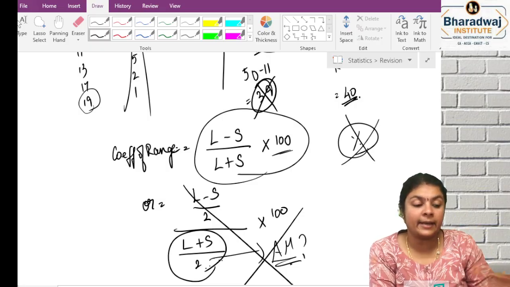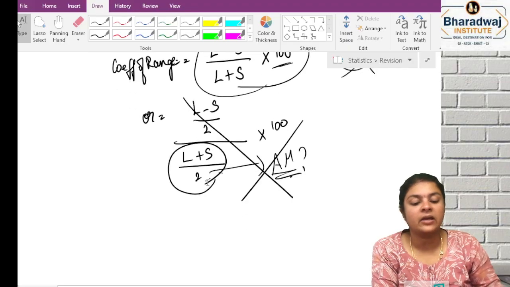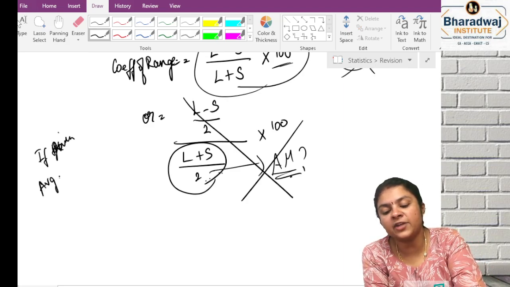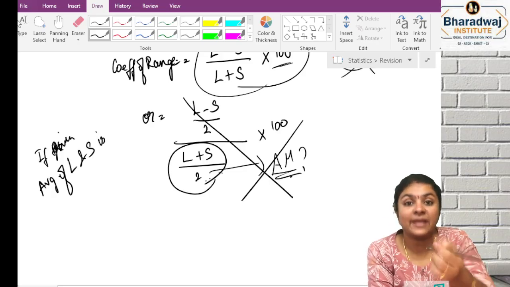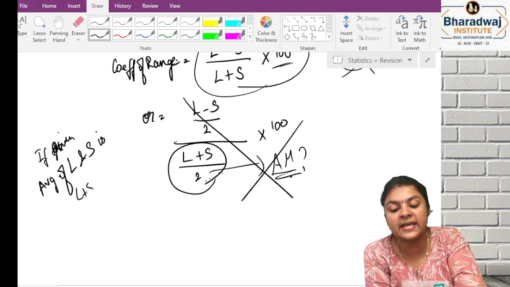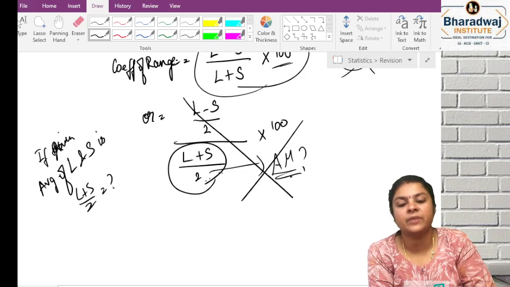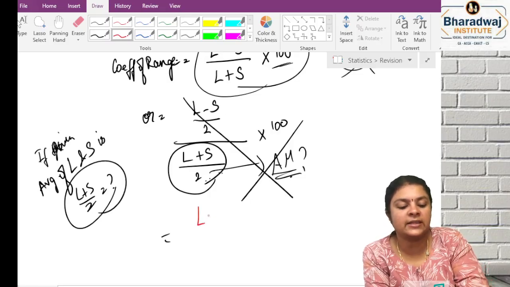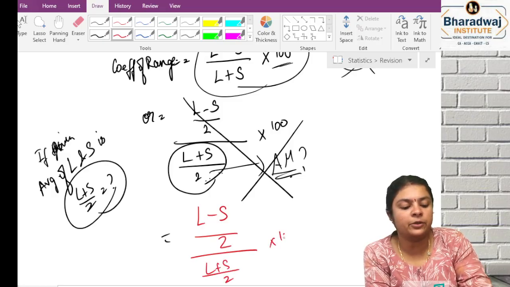Or the alternate formula, you can use it if it is given, the average of largest and smallest. So they have themselves told what the value of L plus S by 2 is. Only if they give this can you use the second formula, which is nothing but L minus S by 2 divided by L plus S by 2 into 100.